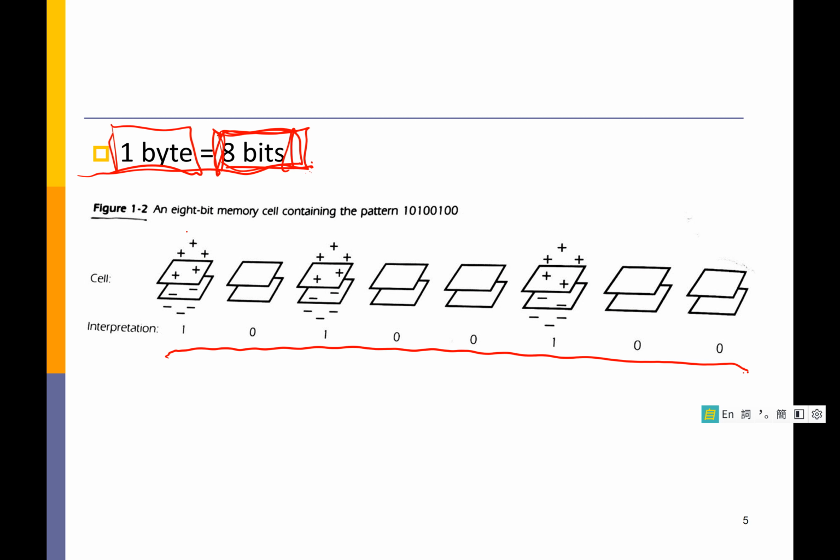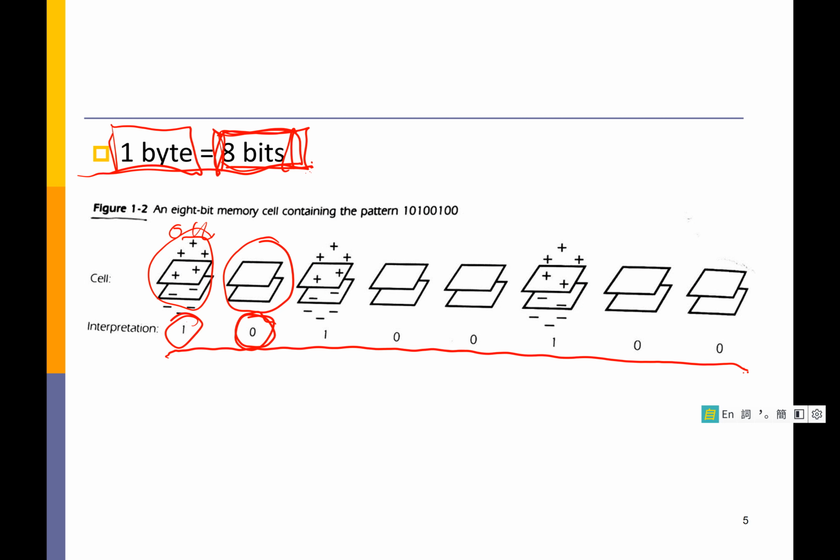Now, as we just said, with two metal plates, if one contains protons and one contains electrons, then we call this state charge or on. Or we can use 1 to represent this state. If there are no electrons or protons on these two plates, we call it discharge, or we use 0 to represent this state.